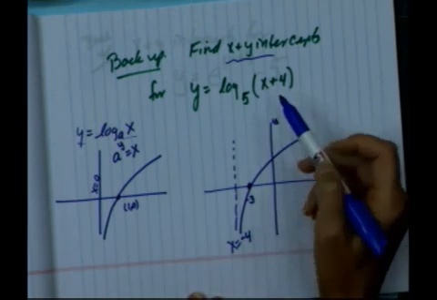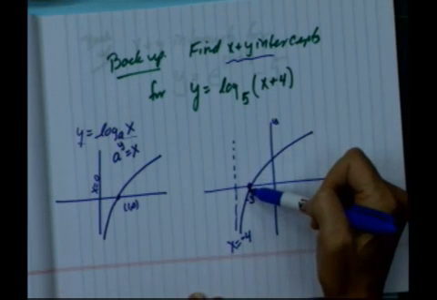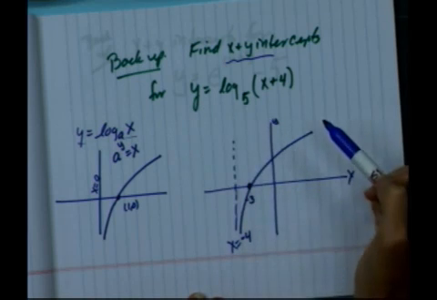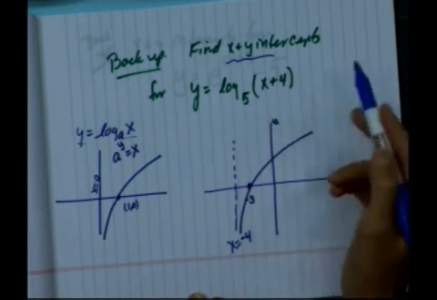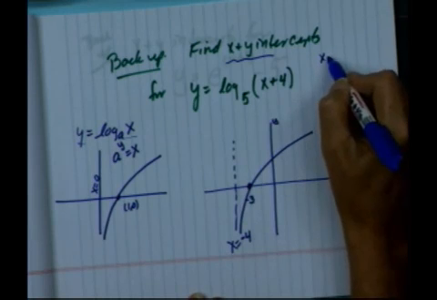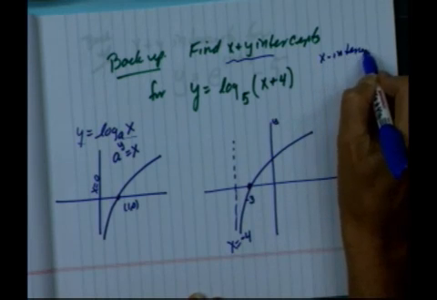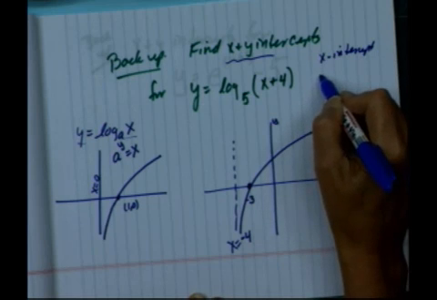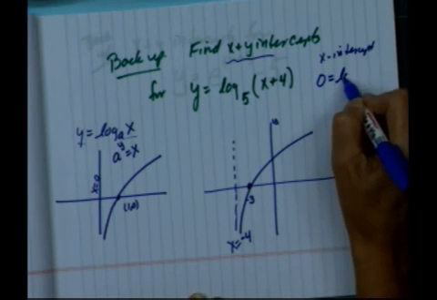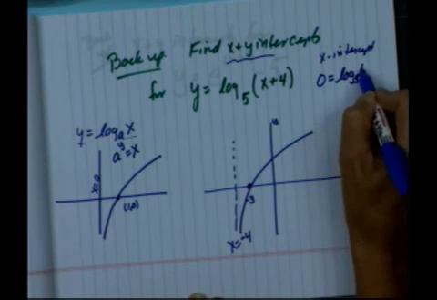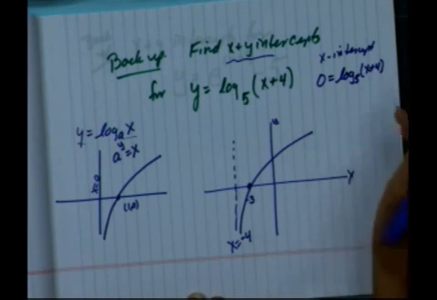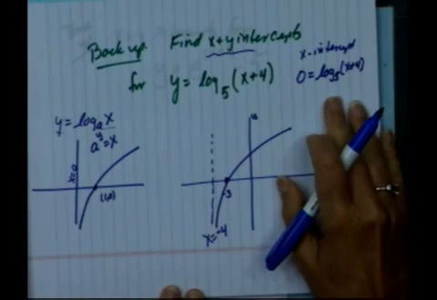Okay, when you were looking for the x-intercept, didn't you let y be 0? So for the x-intercept, we let y be 0. 0 equals log to the base 5 of x plus 4. All right, so now we have a log equation.